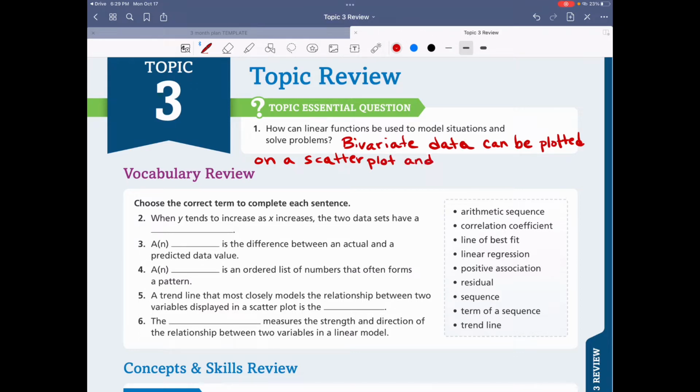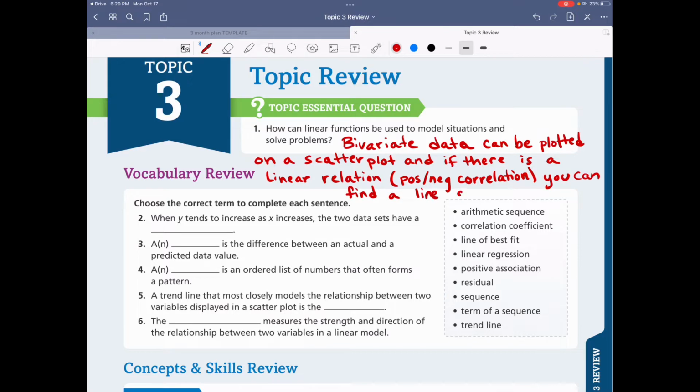And if there is a linear relationship, like a correlation, either positive or negative, so positive, negative correlation, you can find a line of best fit.